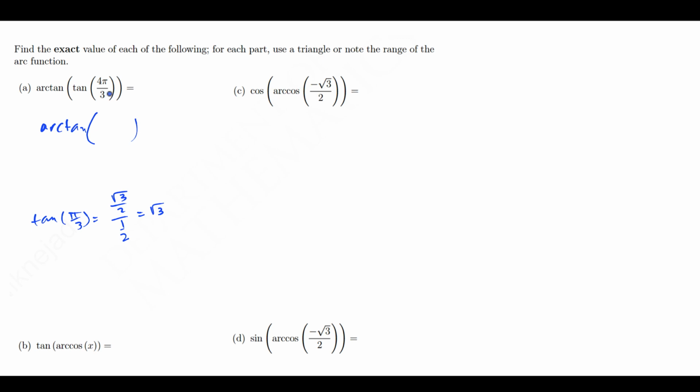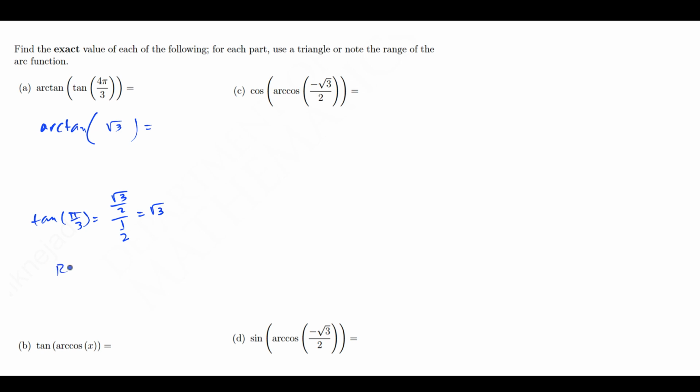For 4 pi third, because 4 pi third is in the third quadrant, this is going to be a positive value, and I don't have to add a negative sign in here. Now, what is arctan of square root of 3? I have to think about an angle in the first or fourth quadrant.